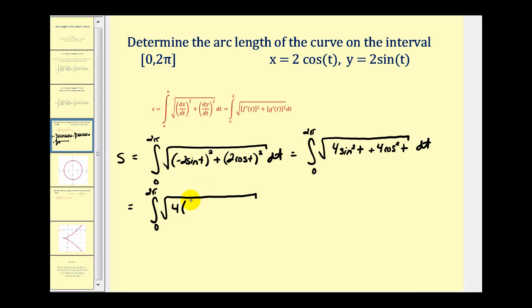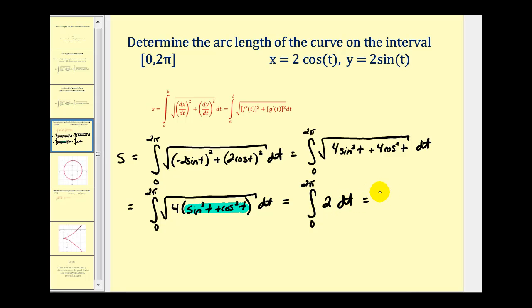So we'll have 4 times the quantity sine squared t plus cosine squared t. This simplifies nicely because sine squared t plus cosine squared t is equal to 1. So this is the square root of 4 times 1, or the square root of 4, which is just equal to 2. So this becomes a definite integral from 0 to 2 pi of 2 with respect to t.